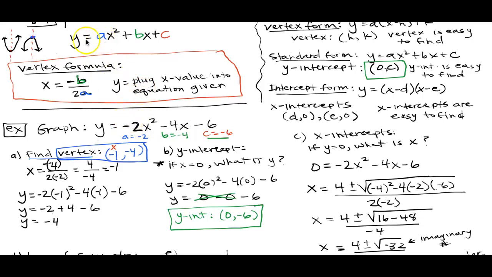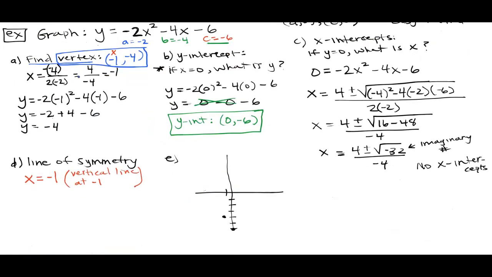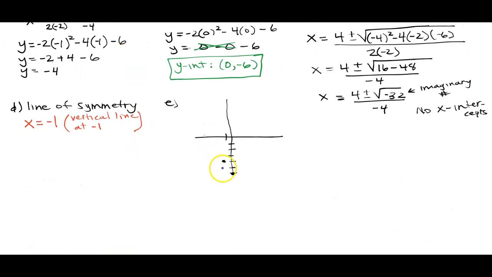So when this a value here is negative, that's also telling us, just like it did on the last one, that it's going to be upside down. So we can kind of see that part of it is going like this.